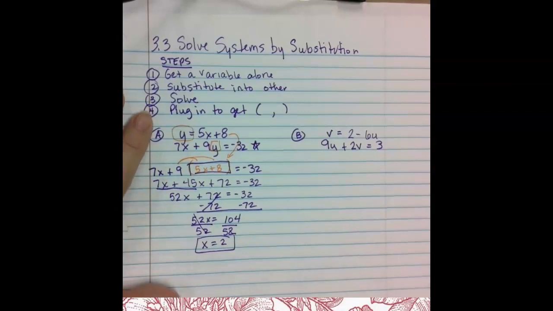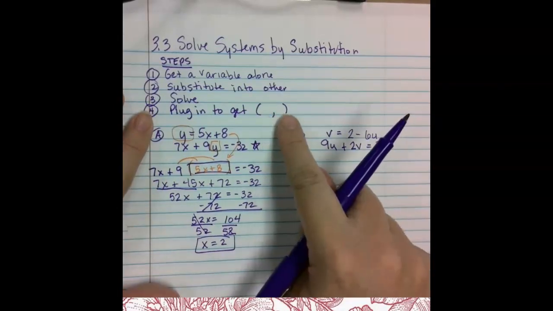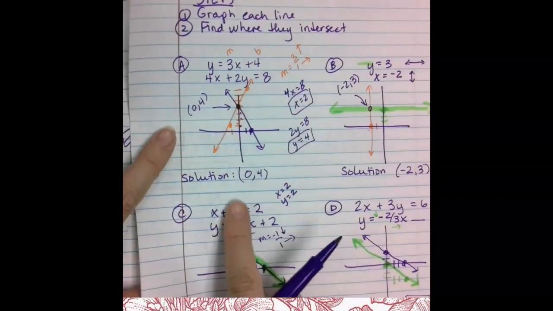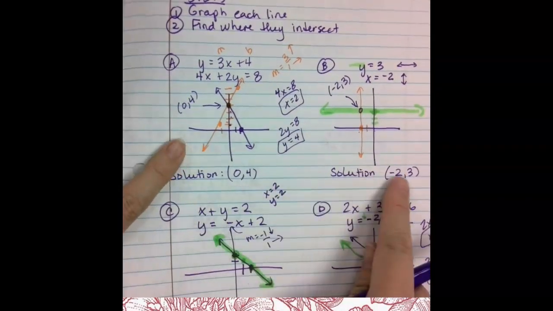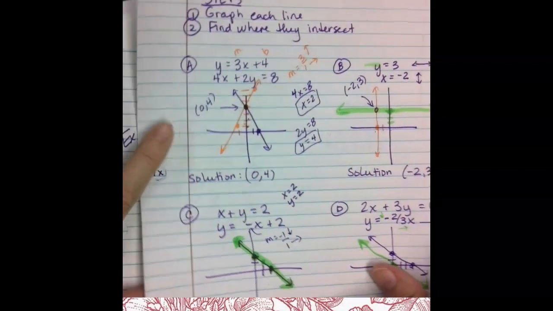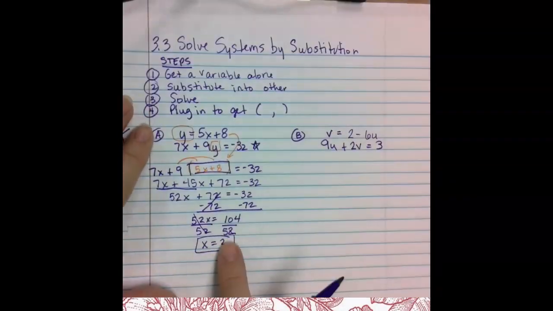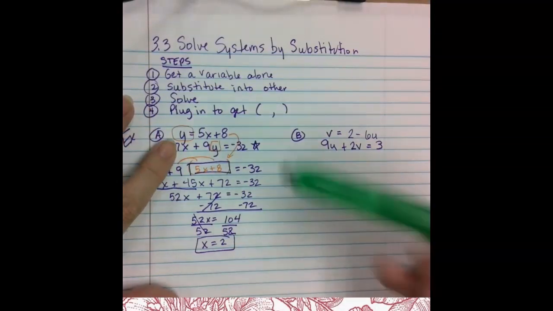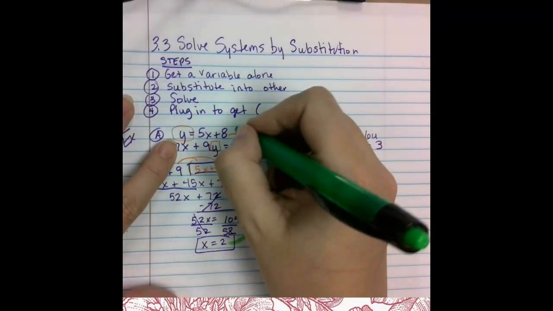Now step 4 says plug in to get a whole point. Just like we saw yesterday, the solution is the point where they cross, so I need the answer to be in the form of a point. I'm going to plug this back in, and the easiest place to plug it back in is back where I started. This one is easy to plug into.